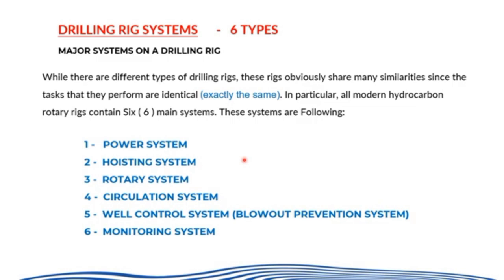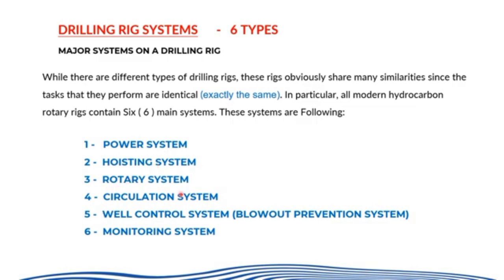In this video I have covered the systems of the rig, and in the next videos I will make separate sessions for the power system, how the power system works, what equipment comes under the power system, and what the hoisting system is, how it works, what equipment comes under the hoisting system, and how hoisting is done in the rig.